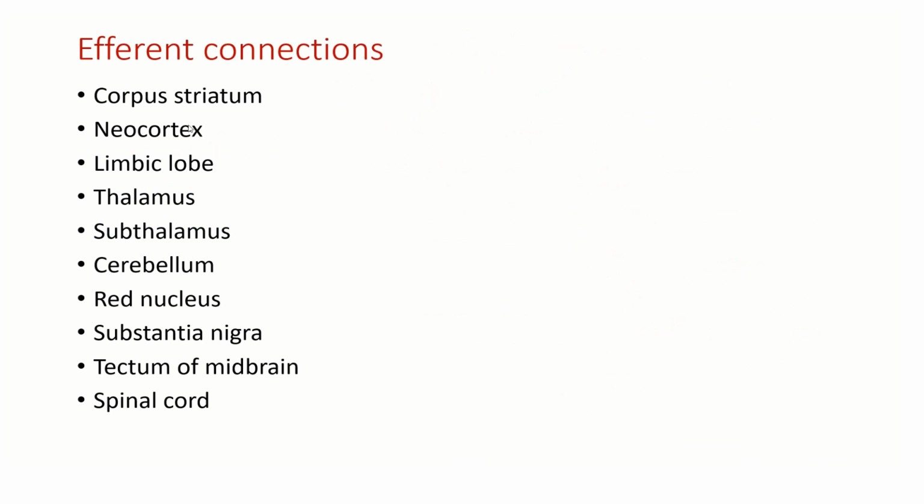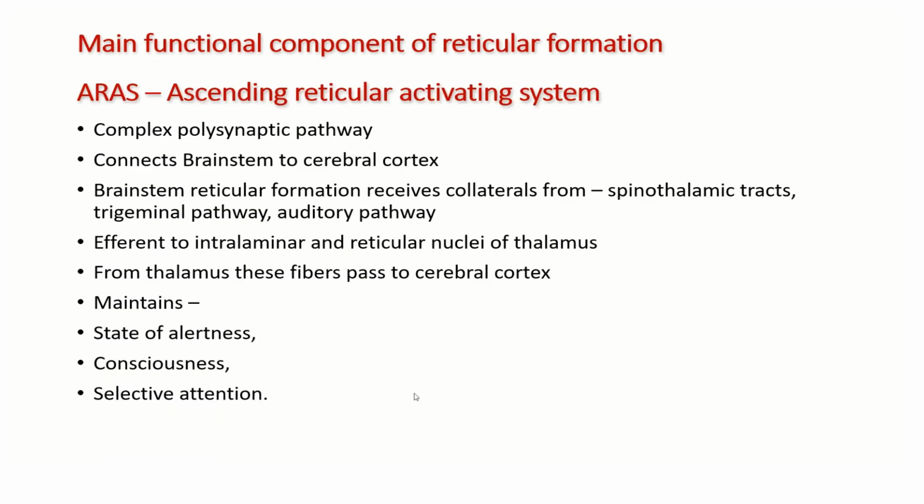Efferent connections: it gives efferent connections to the corpus striatum, the basal nuclei, then to the neocortex, the cerebrum, the limbic lobe, hippocampus, thalamus, subthalamus, cerebellum, red nucleus, substantia nigra, and tectum of the midbrain, and to the spinal cord.